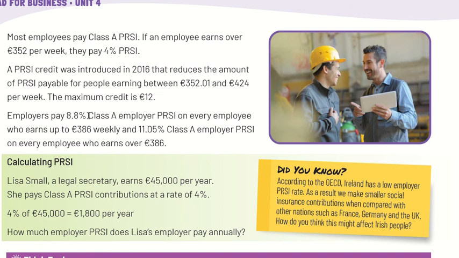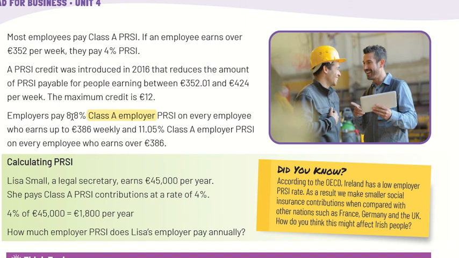Employers then pay a percentage as well for every employee. If they're a Class A employee, PRSI at 8.8% would be paid on every employee who earns up to 386.